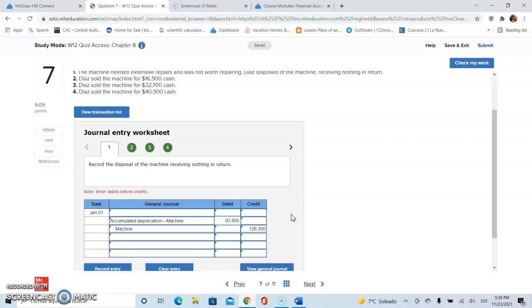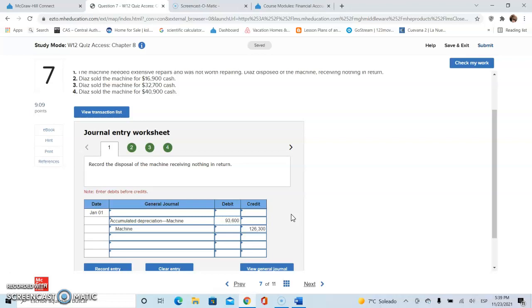So the amount of cash we receive is 0. This is less than the book value of the machine, which is $32,700. How do we get to this number? It's the difference between original cost, which is $126,300, and the accumulated depreciation, which is $93,600.